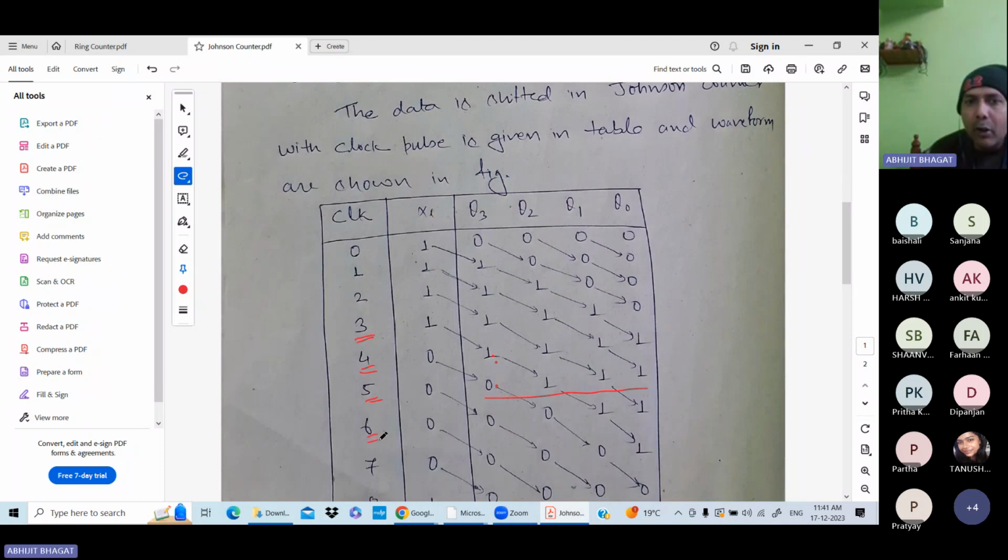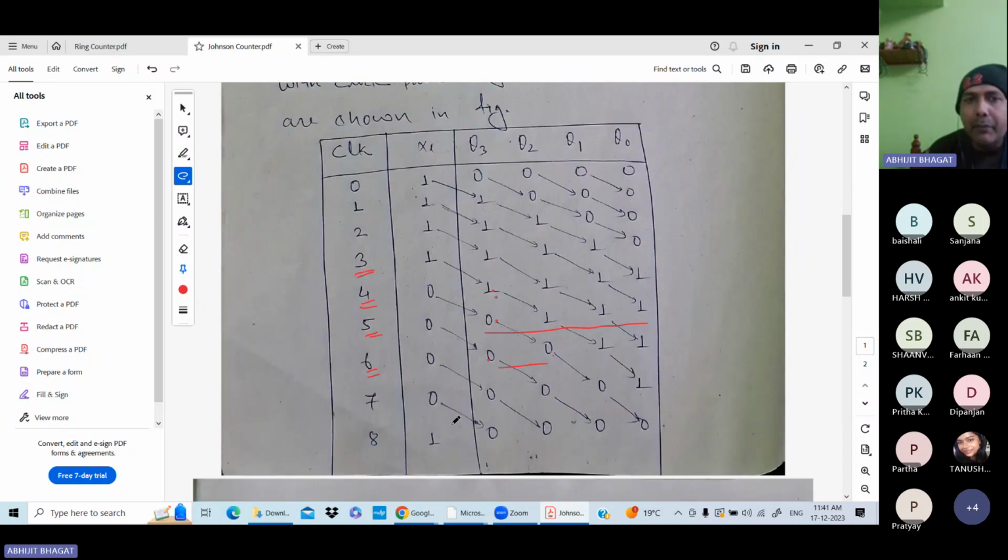Again, you apply the next clock pulse. These all bits are shifted by 1. By the same method, at the 8th clock pulse you are getting the same output as the first one.